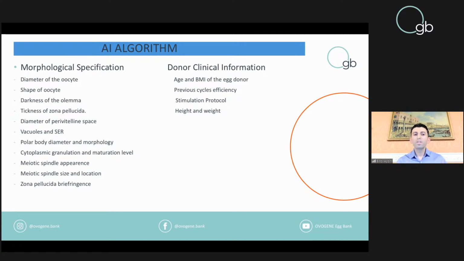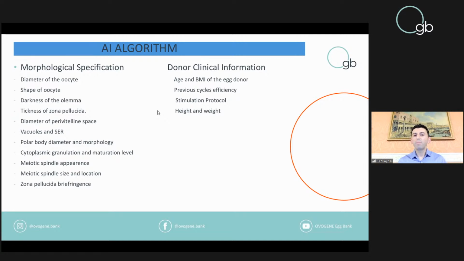From the morphological specification: diameter of the oocyte, shape of the oocyte, darkness of the oolemma, thickness of zona pellucida, diameter of perivitelline space, vacuole or smooth endoplasmic reticulum, polar body diameter and morphology, cytoplasmic granulation and maturation level, meiotic spindle appearance, meiotic spindle size and location, and zona pellucida birefringence.